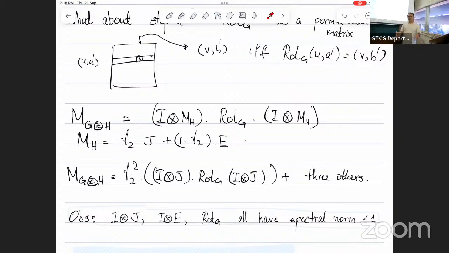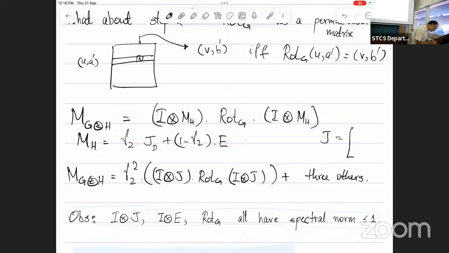What about I tensor E? Let's get a sense of what I tensor E really does. On each of those blocks, it's going to apply E throughout, and each of those blocks can only shrink in length. Is I tensor J not root stochastic? No, I am thinking of J as the all 1 by D matrix.